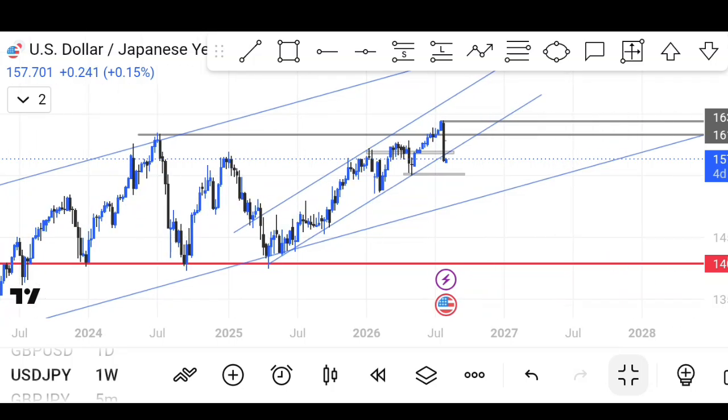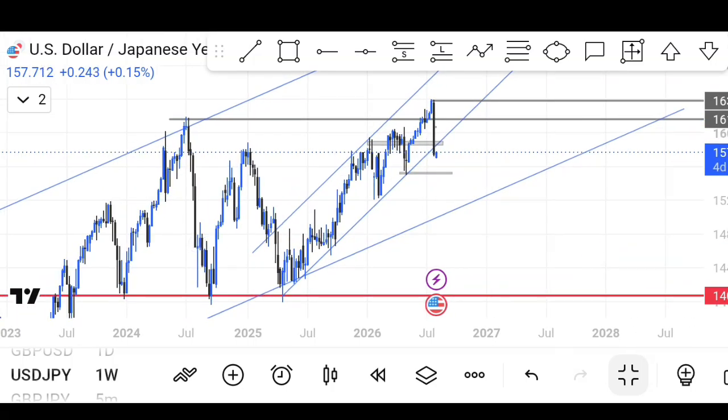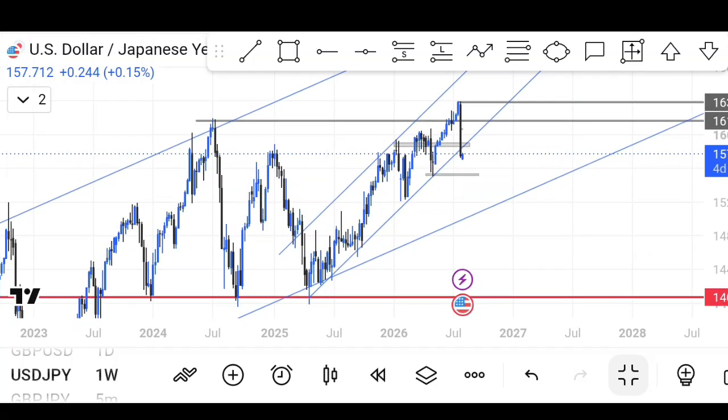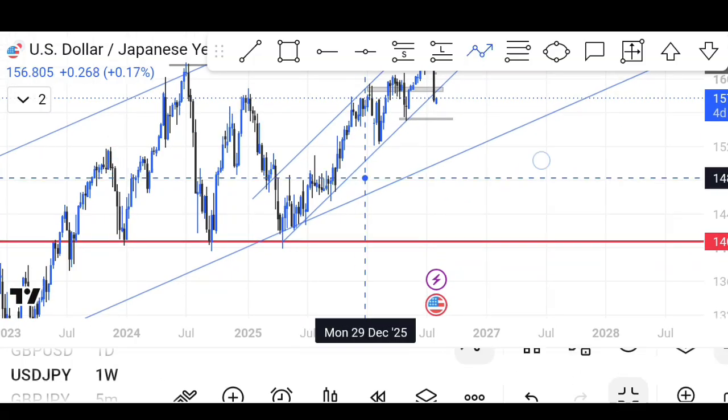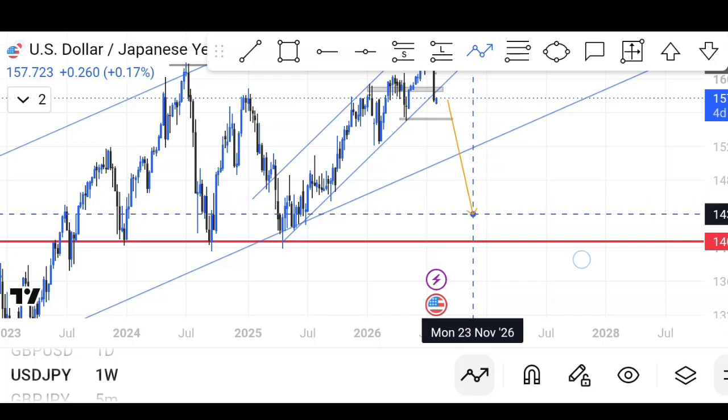Basically they want to increase the value of the yen. If they keep increasing the value of the yen, we can see USDJPY moving downwards.